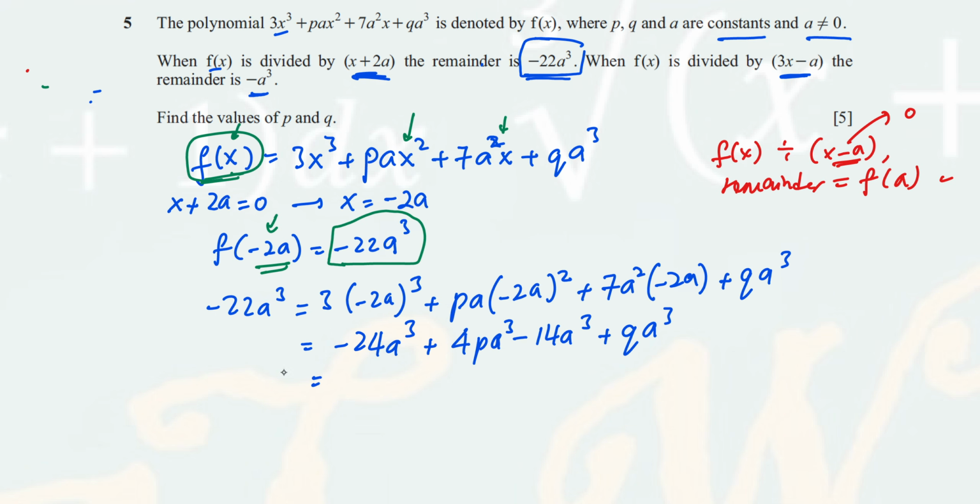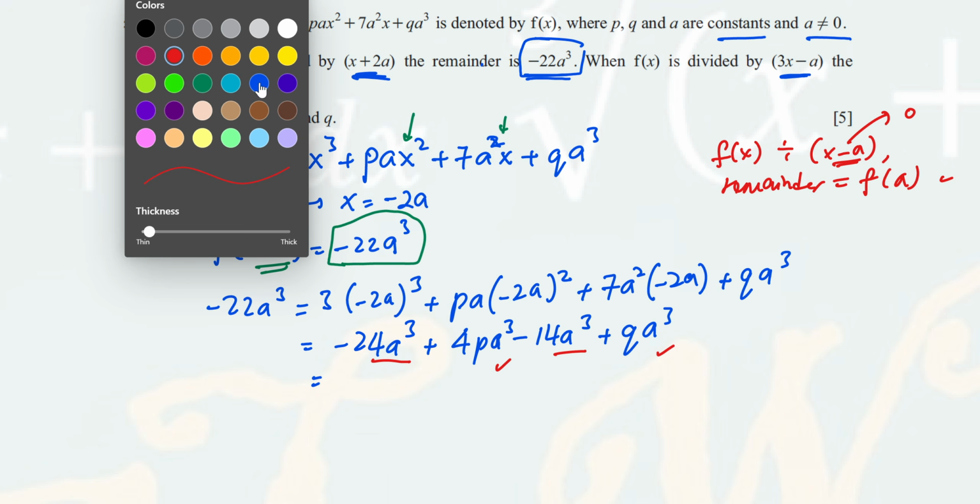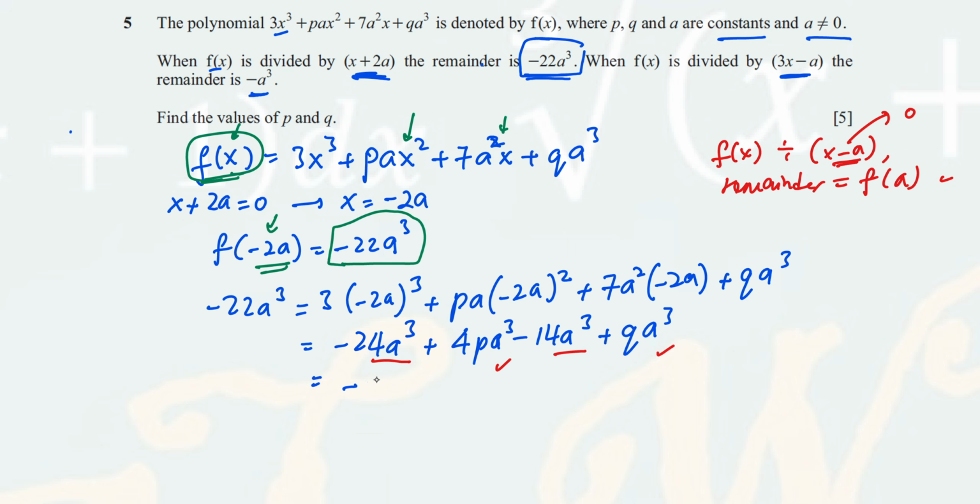Okay, now for the left hand side you can just simplify. Here I have a cube. So when you add together, that is negative 38, and the other two terms will be combined, which means I will be getting negative 38a cube.